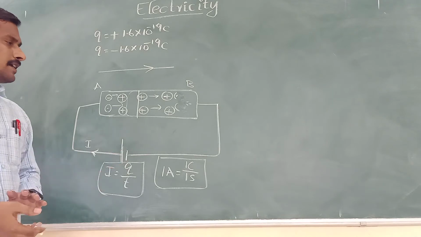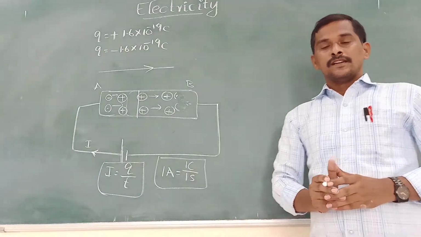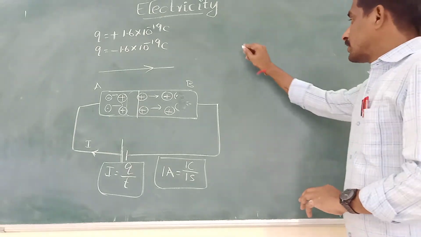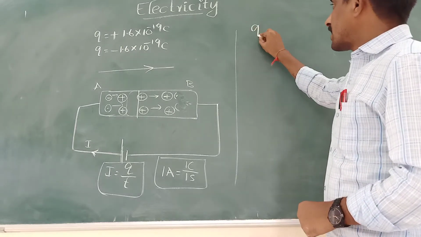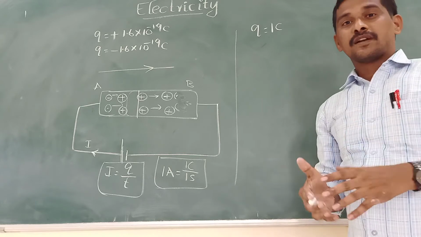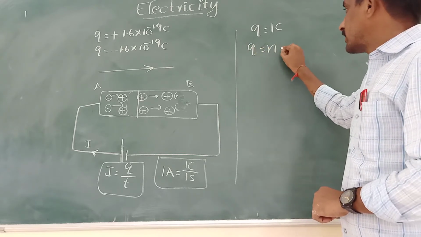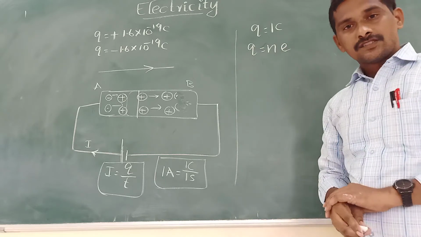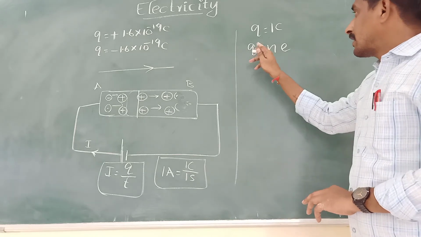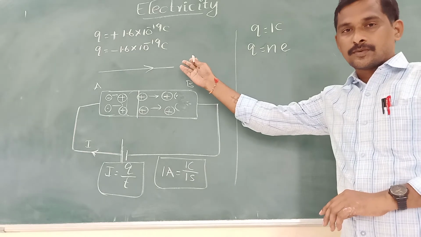So we can find how many electrons are in 1 coulomb of charge in the circuit or current carrying conductor. Given 1 coulomb of charge, we can find the number of electrons from this. Q is equal to n into e, where Q is the charge, n is the number of electrons, and e is the charge of an electron, a fixed value 1.6 into 10 power minus 19.